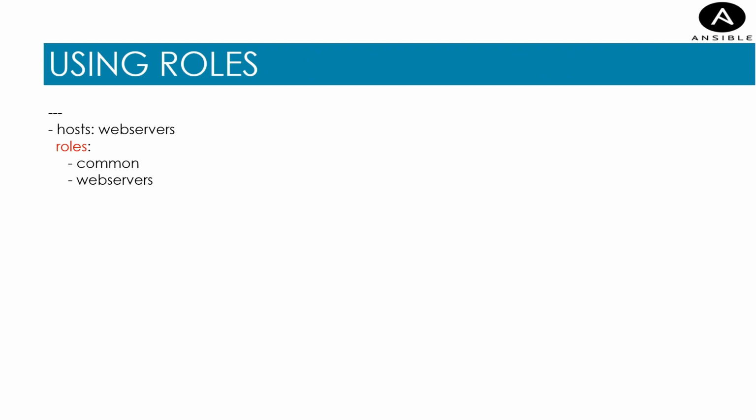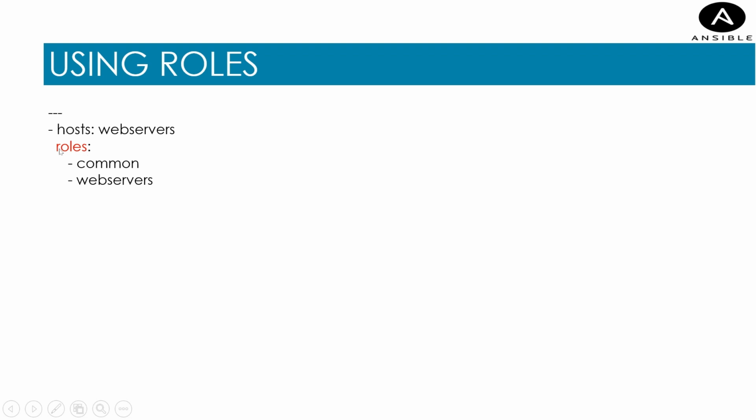roles. As we talked about, the syntax starts with three hyphens at the beginning, like the start of a document. It's the syntax of a playbook, we already talked about that. Then we are adding the hosts as webserver or web. Then the roles.